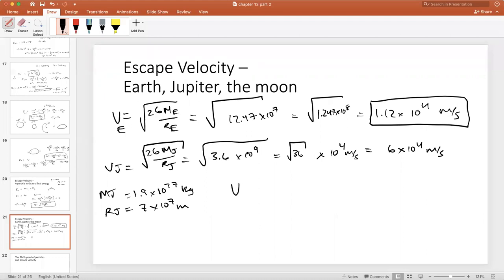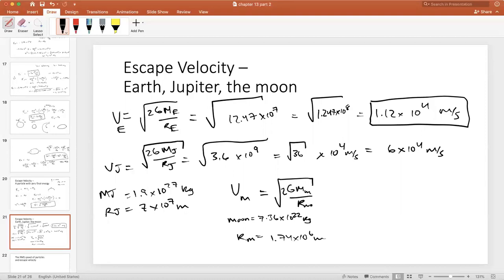And lastly, I want to talk about the moon. So the escape velocity from the moon would be, the moon has a mass of only 7.36 times 10 to the 22nd kilograms, and the radius of the moon is a paltry 1.74 times 10 to the 6 meters. Putting these numbers into 2G mass of the moon over r of the moon, I get 2 times 6.673 times 7.36 divided by 1.74.